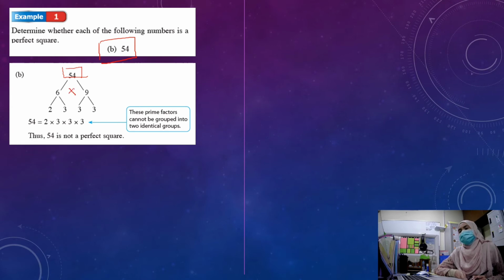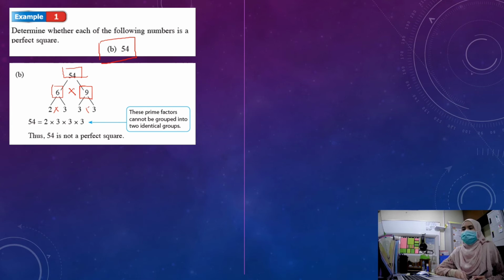Next, 6. What number can be multiplied to get 6? 2 multiplied by 3 equals 6. Next, we need to find out what number to be multiplied to get 9. 3 multiplied by 3 equals 9.